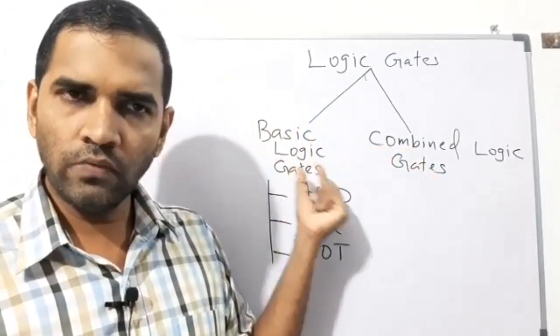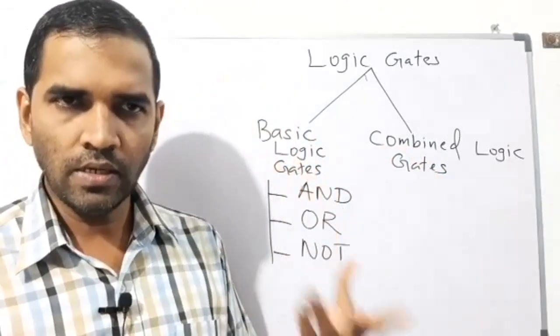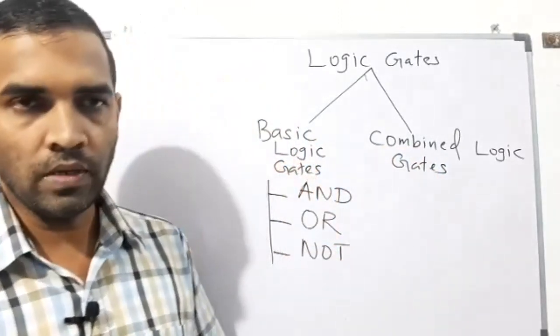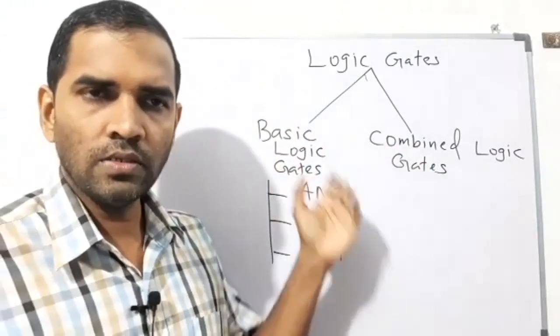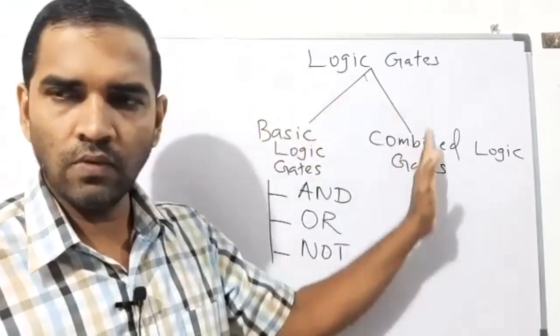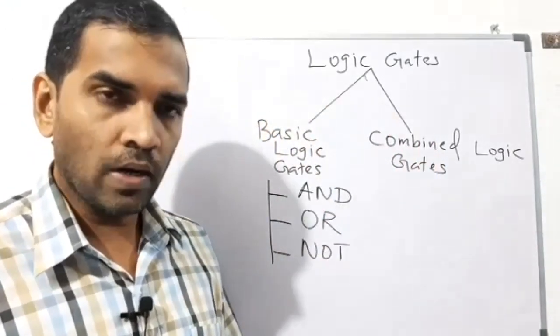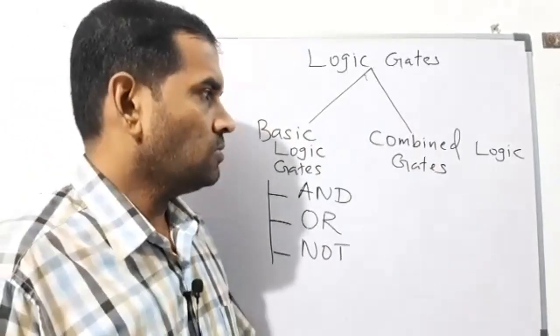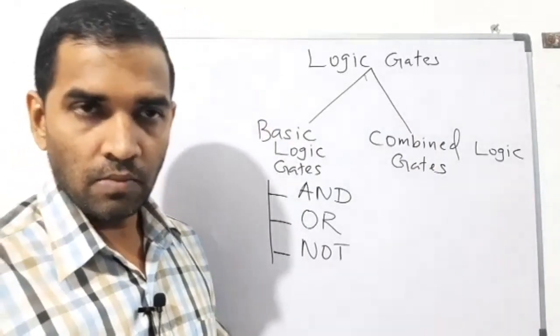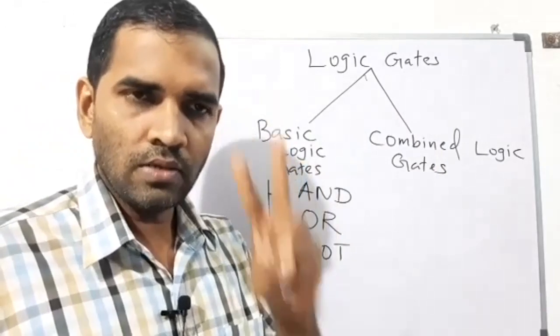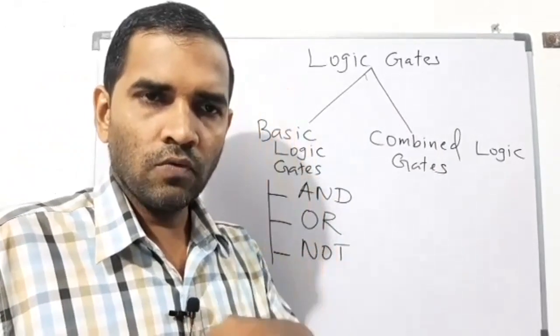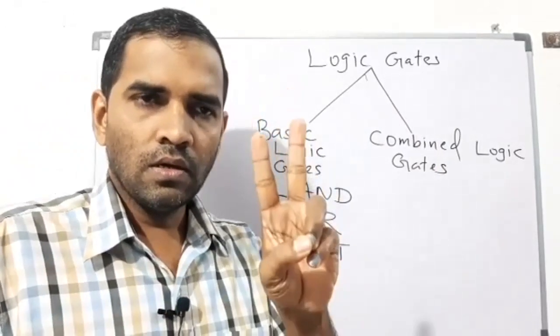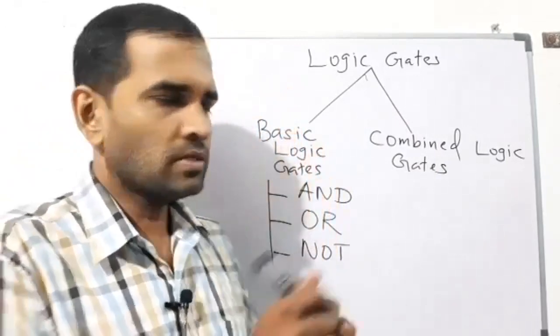I will tell you the reason a little later. After introducing the combination of gates, I will tell you why these are called basic and why the others are called combined. There may be more than two combined gates, but for a beginner, we can take them as two.